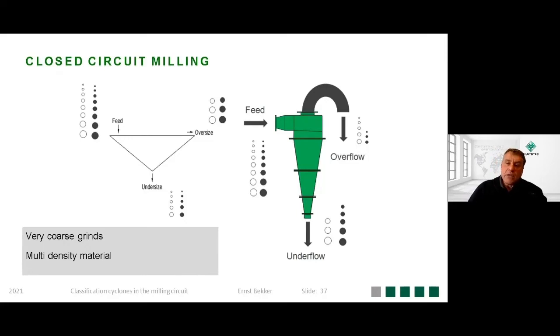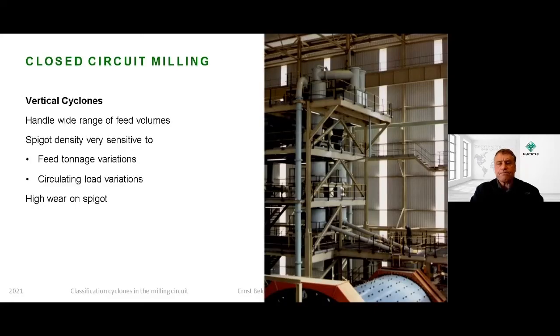And that's where the cyclone then falls short, is that the high-density material is getting classified finer, and in other words, there would be a higher circulating load of that high-density material. And sometimes in a mill circuit, that is not wanted. So those are two of the primary areas where cyclones are not at their best.